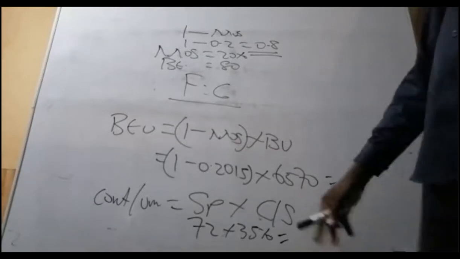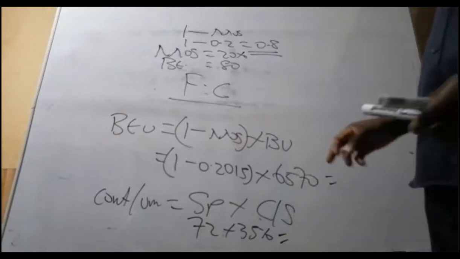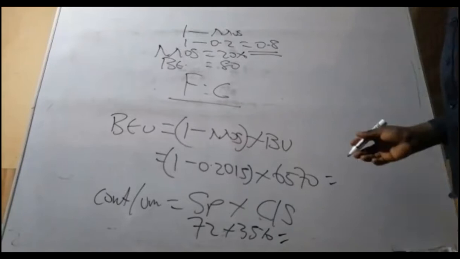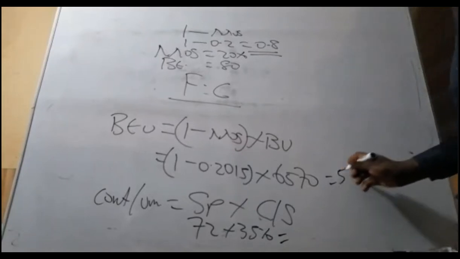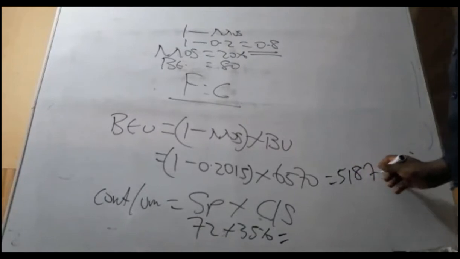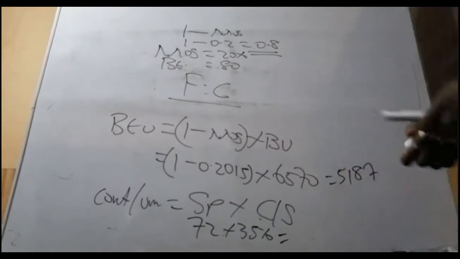So final answer here is what? 25.2, right? Okay. What about the final answer at the top there? 5187, right? 5187. Okay, I'll take that.